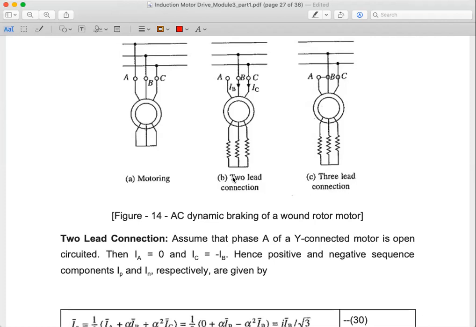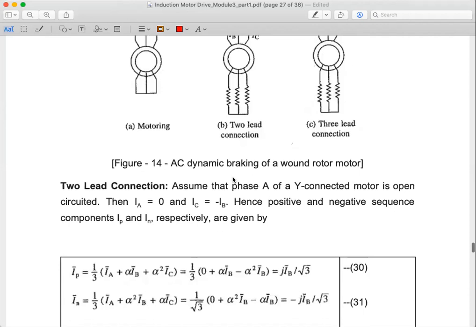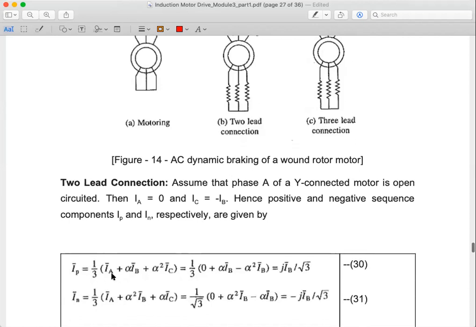Considering the neutral is not connected, the zero sequence component is not present, so we will consider only the positive and negative sequence components. This is the positive sequence component, 1/3 (IA + alpha IB + alpha square IC). Now IA, in this case, is 0 and IC is minus IB.